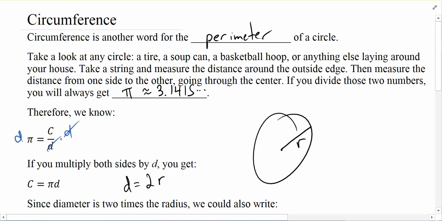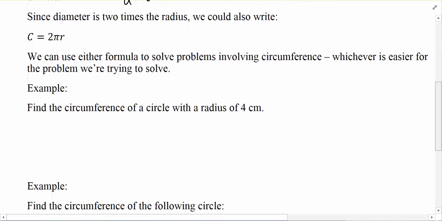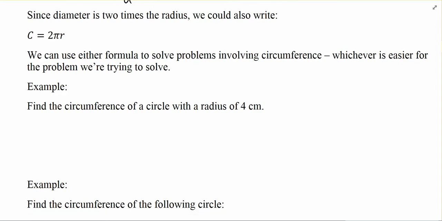The radius is the distance from the middle to the outside, so the diameter is 2 of those. So another variation to the circumference formula is circumference equals 2 pi r. You can really use either formula you want, whichever one's easier for the problem you're working with. So if you're given diameter, use pi times diameter. If you're given the radius, it's pi times 2 times the radius.